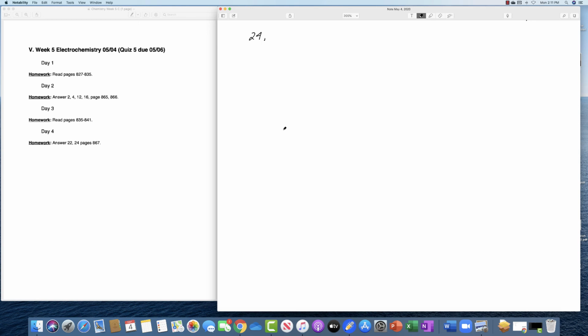Okay, so the anode, they tell you, is the zinc. So the zinc is going to form zinc ions. This is the oxidation side, so this is the anode. And then the other half is silver.